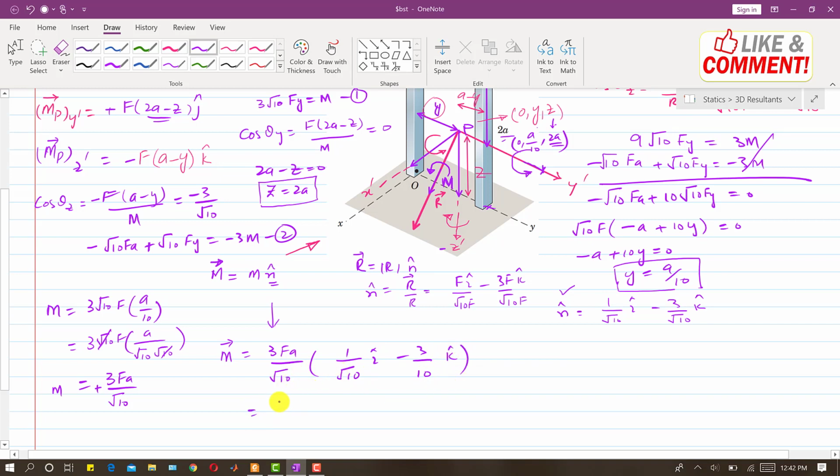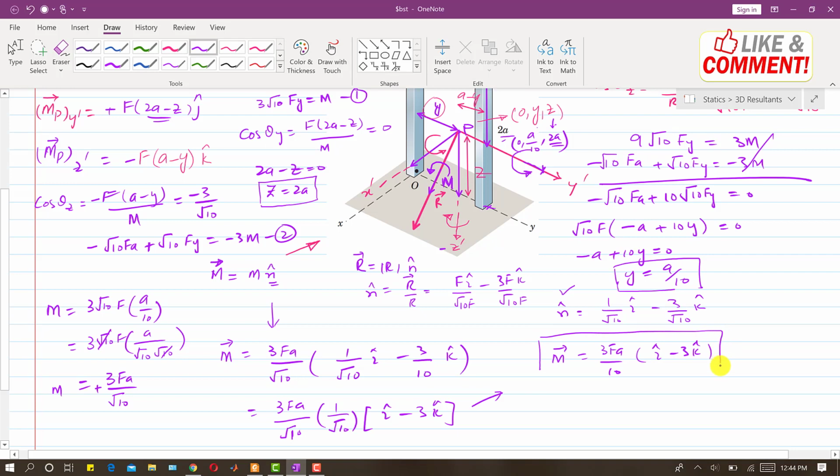If we multiply this and take the one by square root 10 common, it will be like this, i minus 3k. Now if I further multiply these two, then the moment vector will be equal to 3Fa divided by 10, and this will be i minus 3k. So this is that vector representation of that moment which is associated with the wrench, and these are the coordinates of that point P. So this is the solution of this problem.